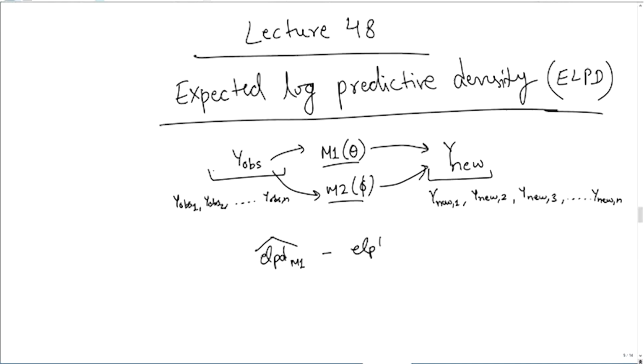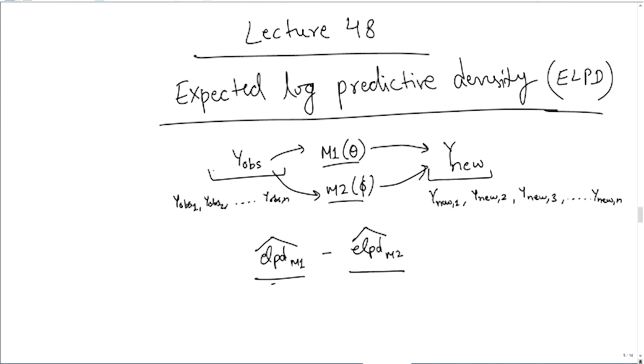Similarly, you will calculate ELPD for model M2. That's why I'm representing it with a hat, because it's the estimate of expected log predictive density. Their difference will tell you how good model M1 is compared to model M2 in terms of its predictive accuracy.